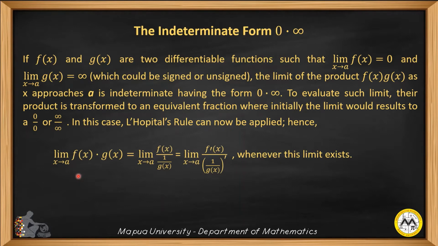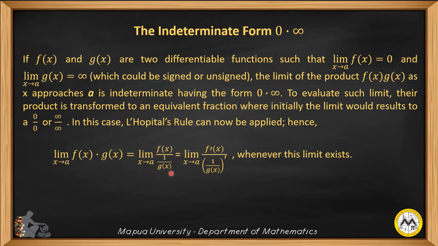So what we're saying is that the limit of the product f of x times g of x as x approaches a, whenever it is of the indeterminate form 0 times infinity, would be transformed to the ratio of f of x divided by the reciprocal of g of x, evaluating the limit as x approaches a.